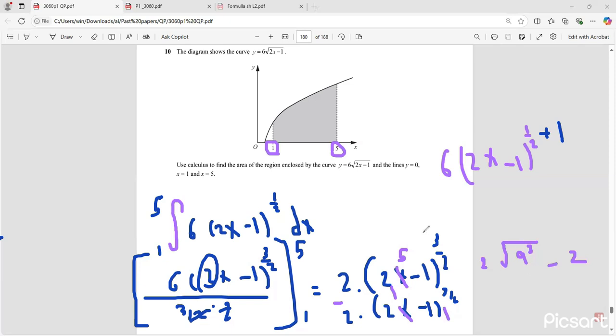Okay, and here it's better to keep it as it is. 9 to the power 3 out of 2, let's make it 3 squared, all to the power 3 out of 2, and we're going to cancel the 2s, which is also 3 to the power 3, which is 27. So 2 multiplied by 27 minus 2, so that will be 54 minus 2, which gives us the final answer 52.